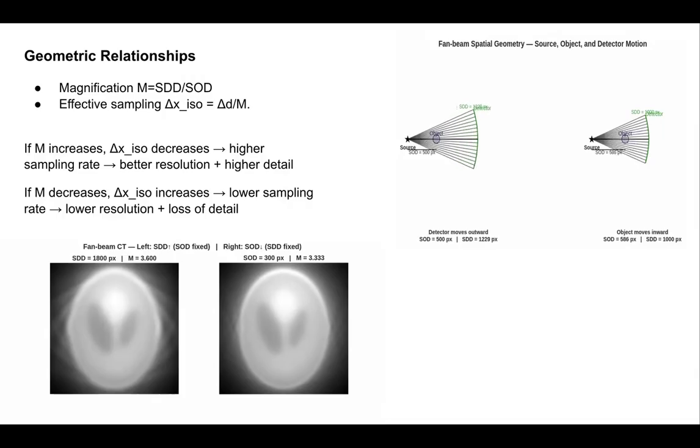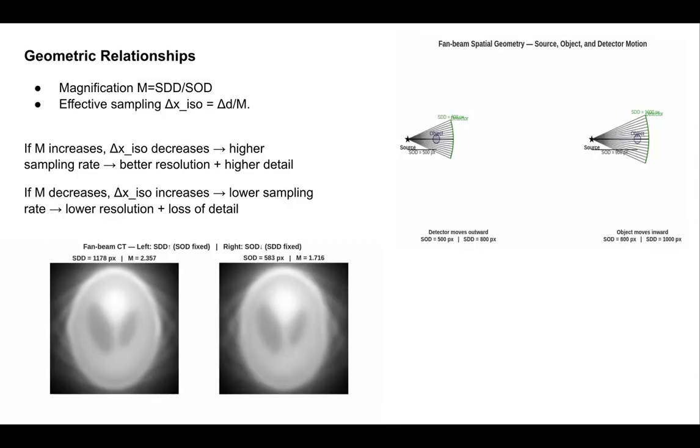In the second formula, we see effective sampling modeled by delta X ISO equal to delta D over magnification. Delta X ISO is equal to the sampling interval. Delta D signifies the detector pixel size, which is fixed, and the M signifies magnification, which depends on geometry.